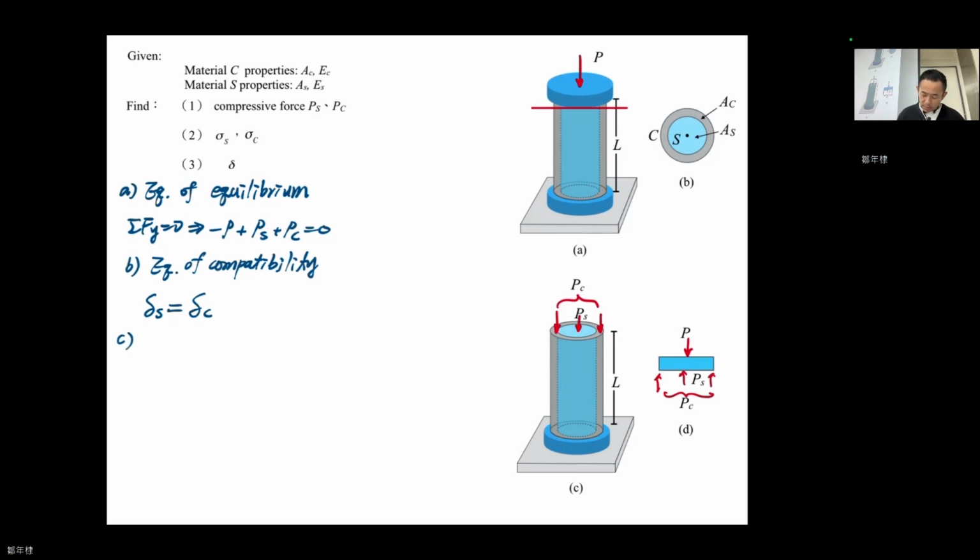Then the equation of constitutive, which in Chinese doesn't sound like it means anything. Well, constitutive means the fundamental rule.